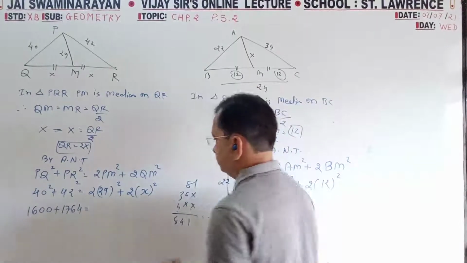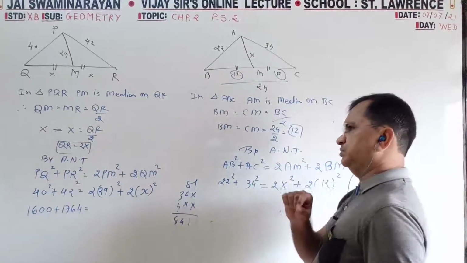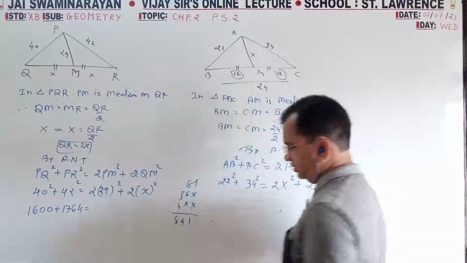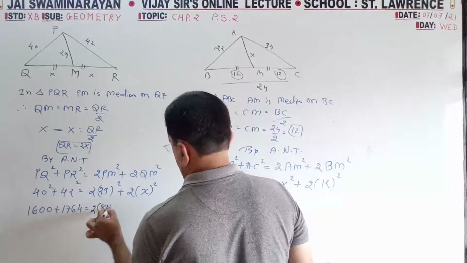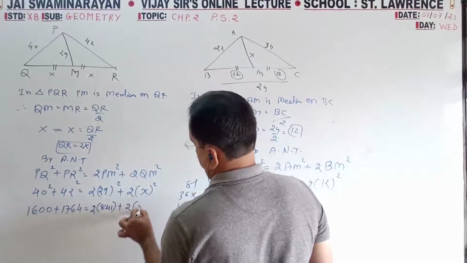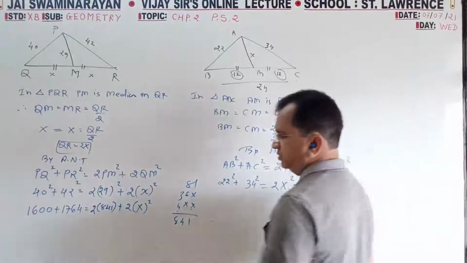Correct. So 2 times plus 2 times, divide by 2 all, so it will be 800.